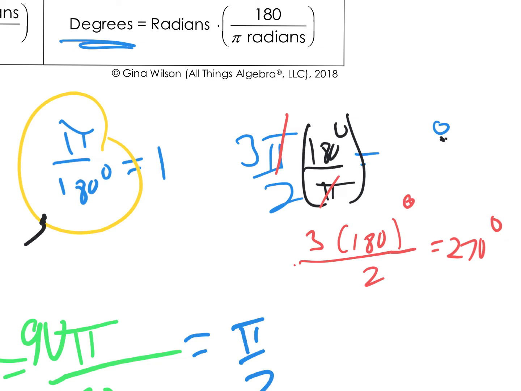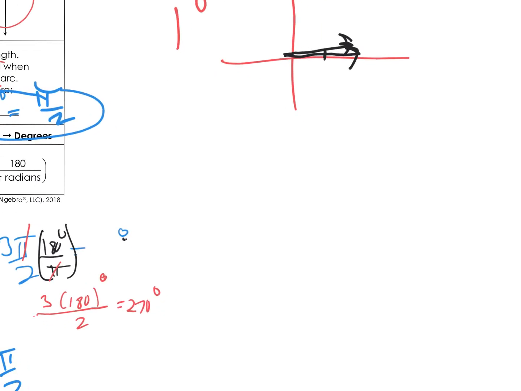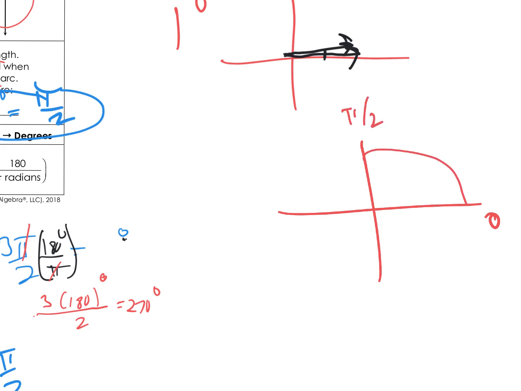Well, you know how I made this up in my head? Watch my math. You're going to be so amazed. If this is 0 radians, and this is pi over 2 radians, right? We already agreed. If I double it, pi over 2 times 2, it's pi. If I want to go another 90, wouldn't that be pi over 2 times 3?